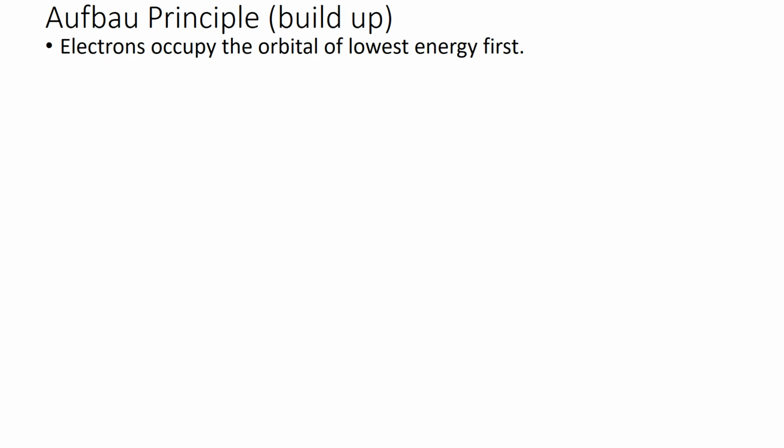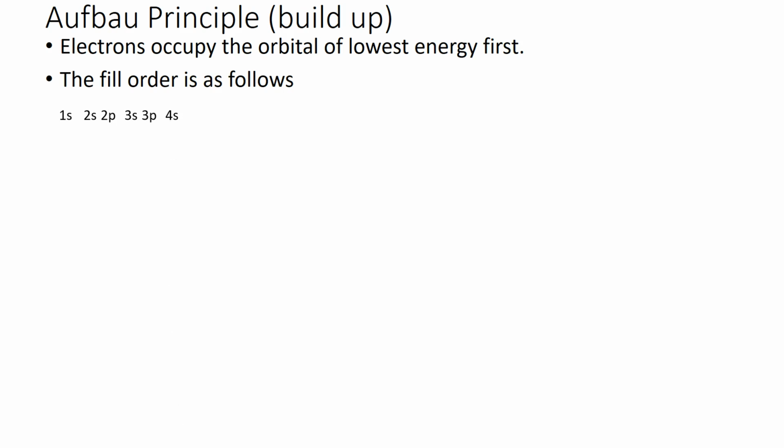The fill order is as follows. We start with 1s. Then we fill 2s. Then we fill 2p, then 3s, and then 3p. And then here's where the order starts changing a little bit, because it does some things we don't expect.